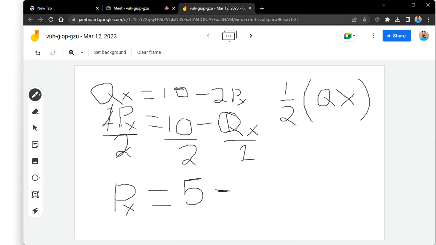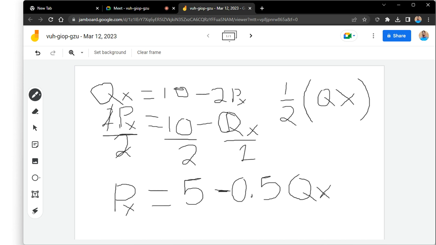Why? If I multiply 1 over 2 by qx, I'll still get qx over 2. So if I divide 2 into 1, I'll get 0.5, right? Meaning that this part, the qx over 2, is the same thing as saying 0.5 qx.